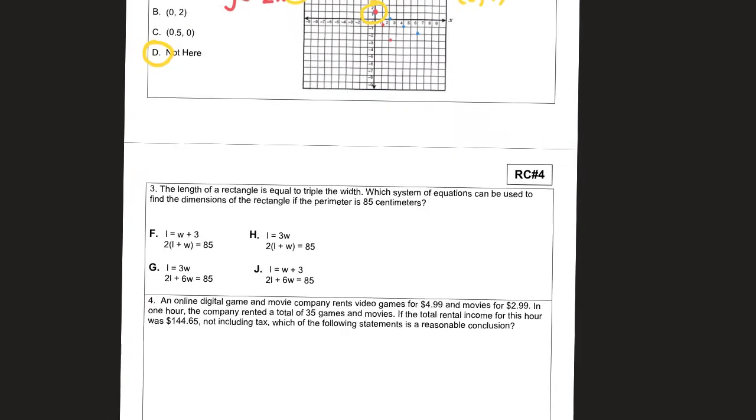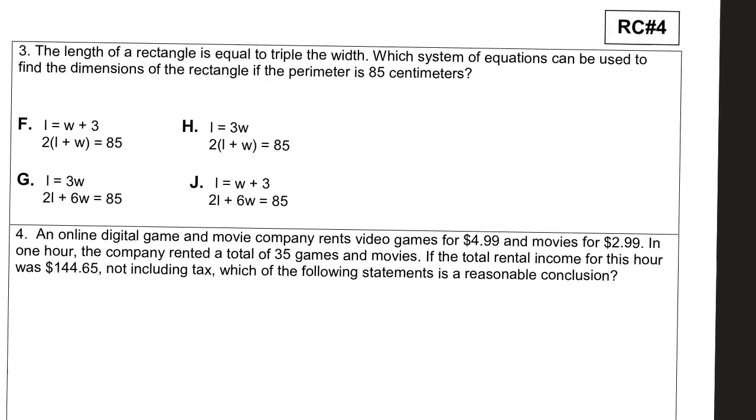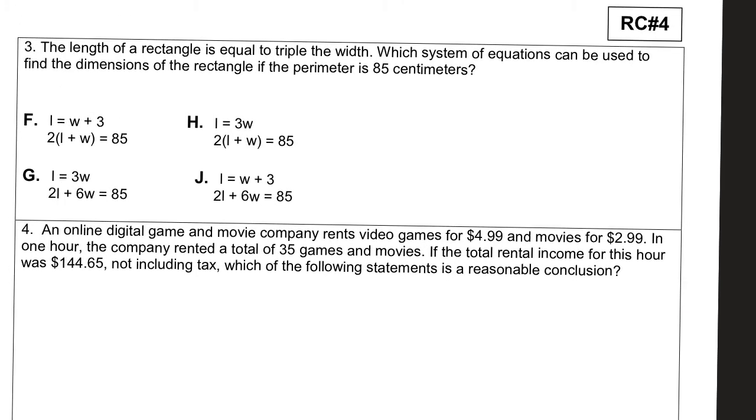Now let's turn our attention to number 3. The length of a rectangle is equal to triple the width. Which system of equations can be used to find the dimensions of the rectangle if the perimeter is 85 centimeters? Let's begin with the first statement. The first sentence gives us our first equation.